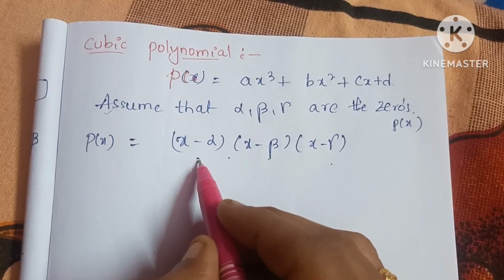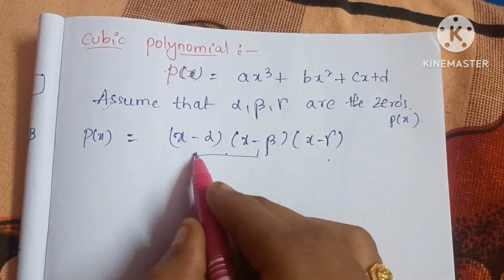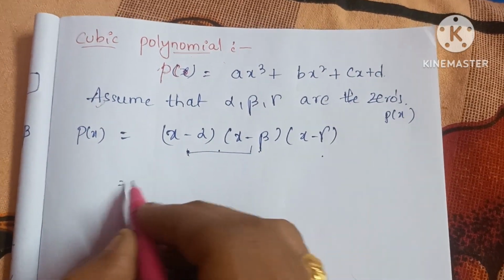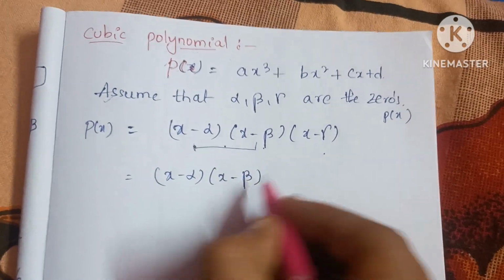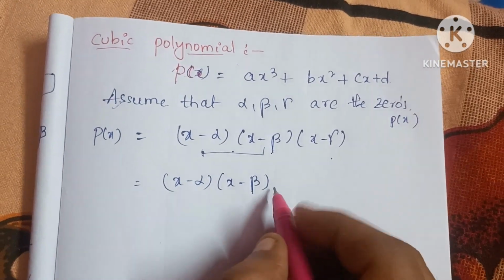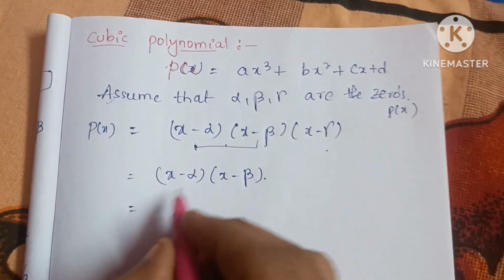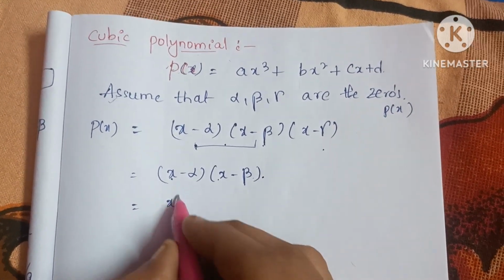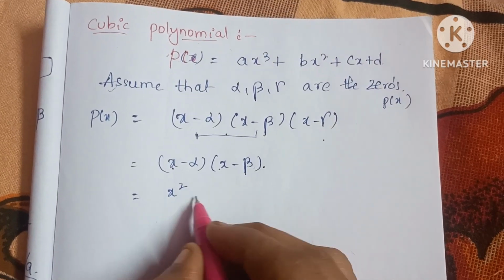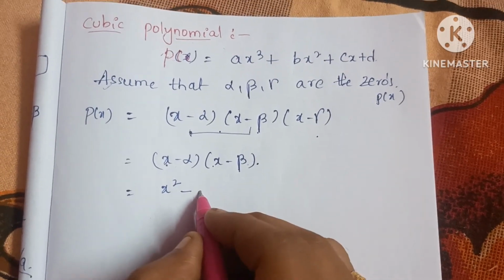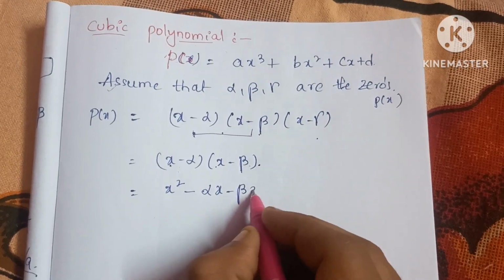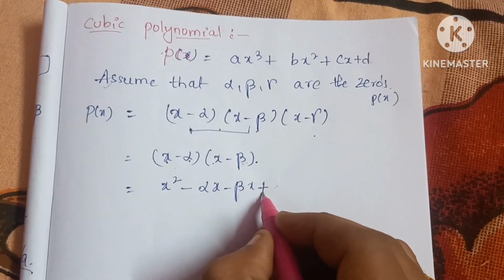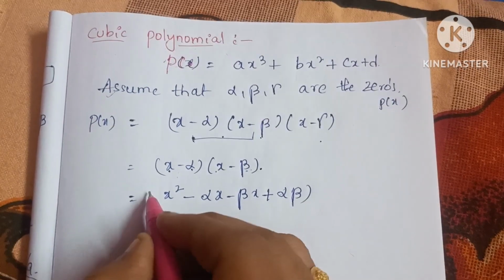First I will take the first two. First two you have to multiply: x minus alpha into x minus beta. What is that? x into x is x square, minus alpha x minus beta x plus alpha beta.